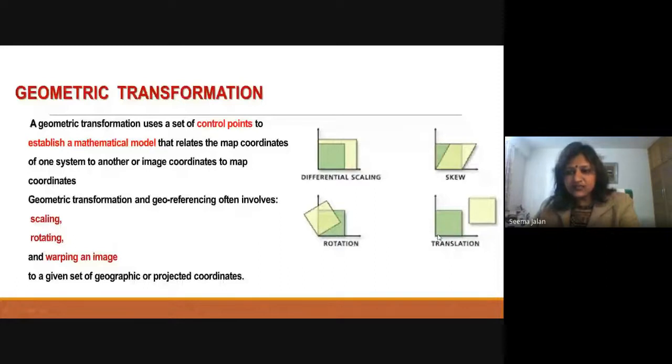There has been a shift in the X direction and in the Y direction. Then it may get skewed, which means there is a change in angle. Initially in my input map the angle between these two edges was 90 degrees, but after transformation it is less than 90 degrees. So my output map may be different from the input data in a variety of ways.